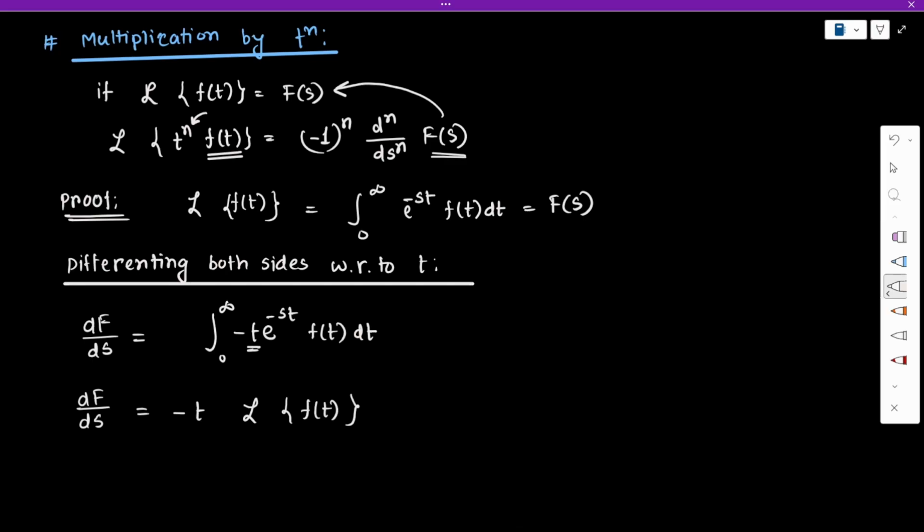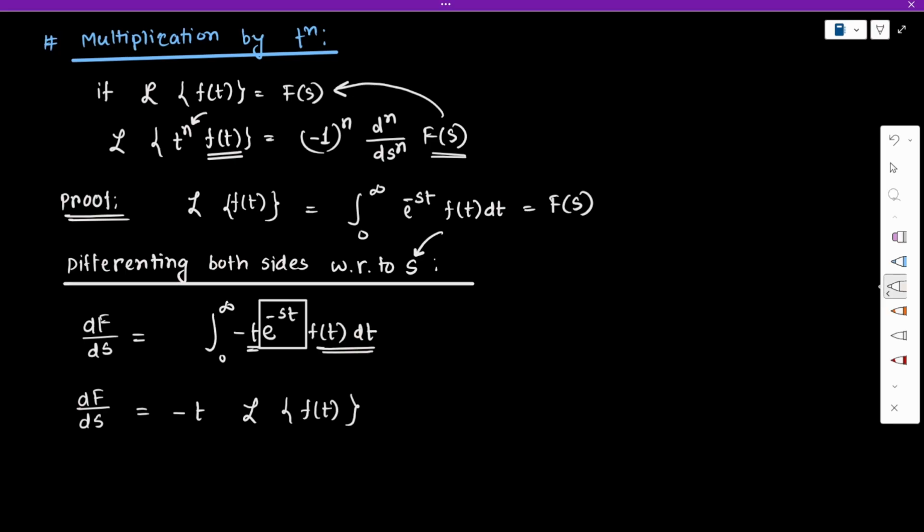Why didn't the t portions and the whole integral get affected? Because those are functions of t, and we are differentiating both sides with respect to s, the frequency domain. That's why the integral and the functions of t didn't get involved. Only the e to the power negative st portion got involved because it has an s.